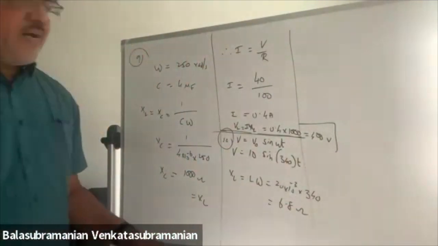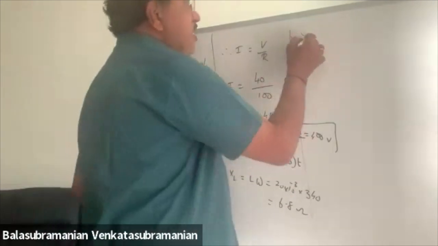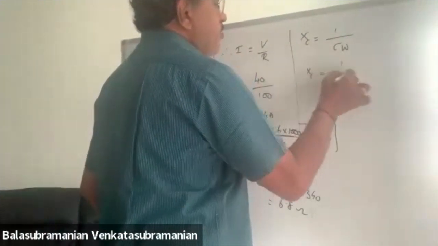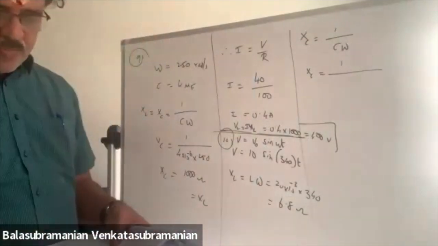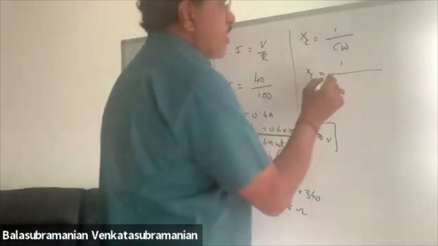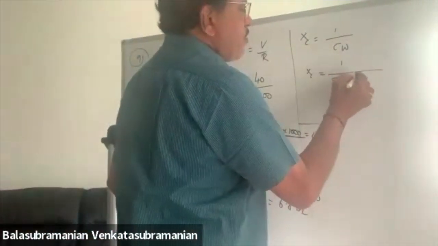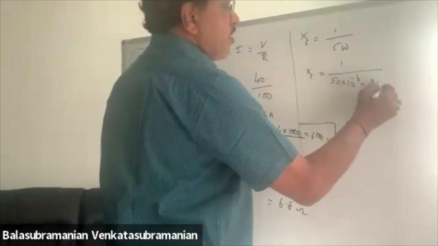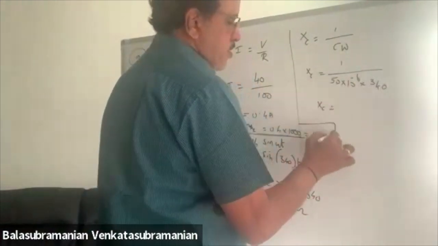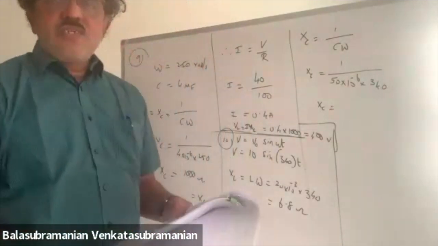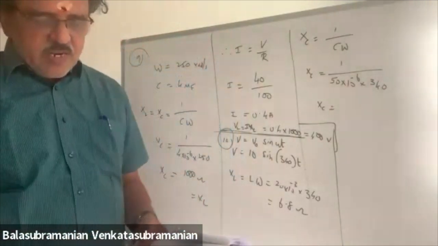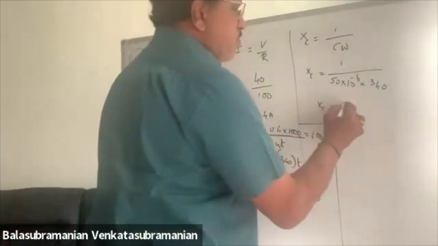Next, capacitive reactance XC is 1 by C omega. What is C value? 50 microfarad, 50 into 10 power minus 6. Omega again is 340. So XC is equal to 58.8 ohms.